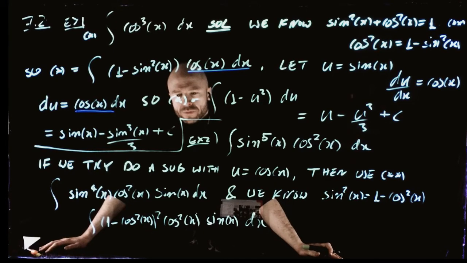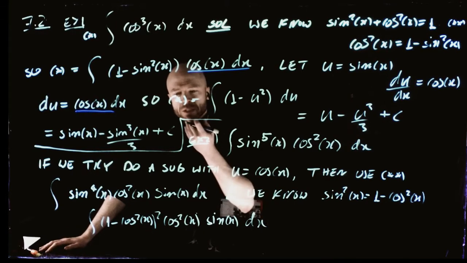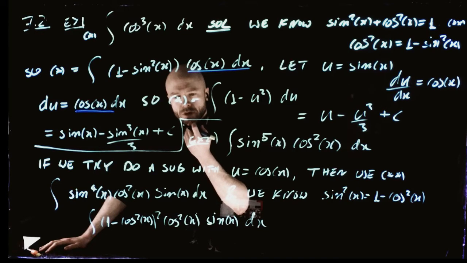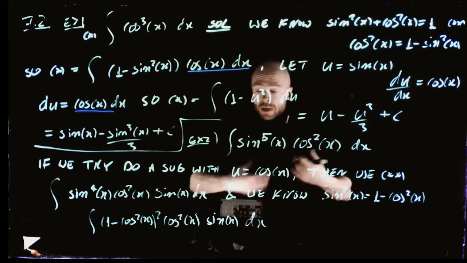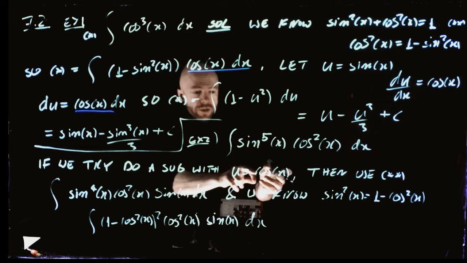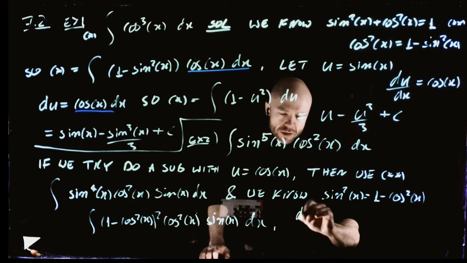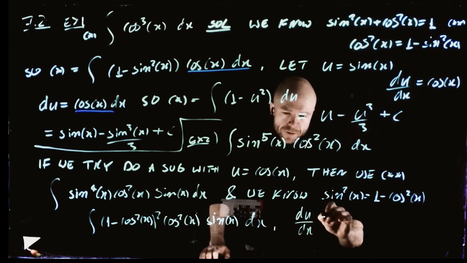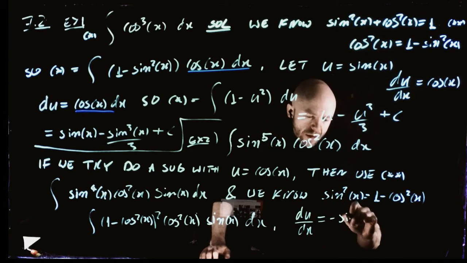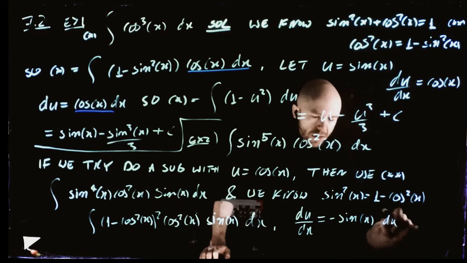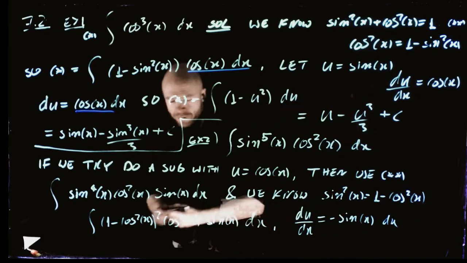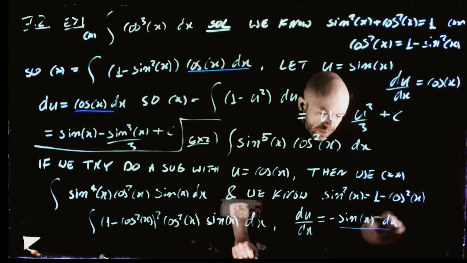Everybody with me? Give me a thumbs up if this is making sense. Show me if it's not making sense. Give me a thumbs down if it's not. Okay, everybody's good. Now we're in a good position because with this u sub, we know that du by dx is equal to minus sine of x, so we have this structure over here.